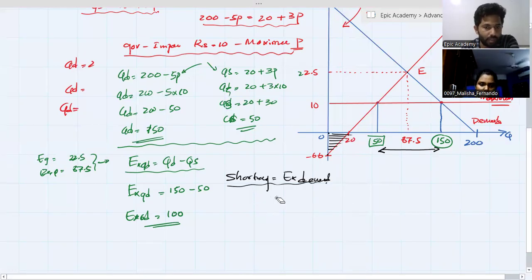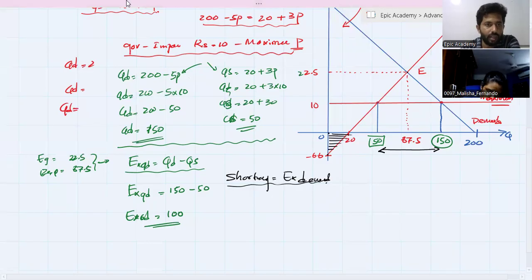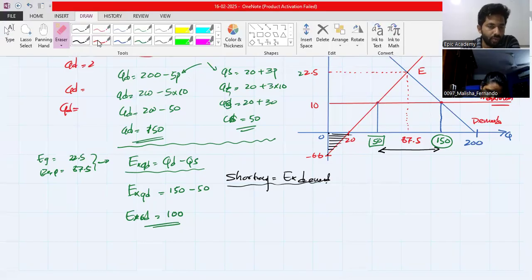This is the amount surplus. So this is the combination between those two. If any question is discussing the shortage, you have to identify this is related to the excess demand. Any words they can use.